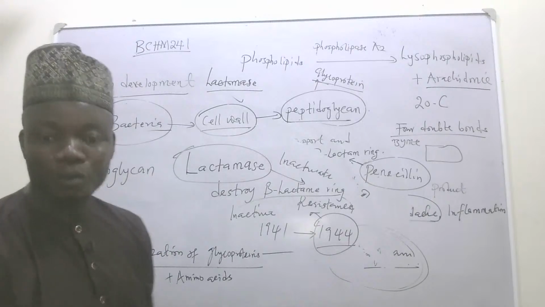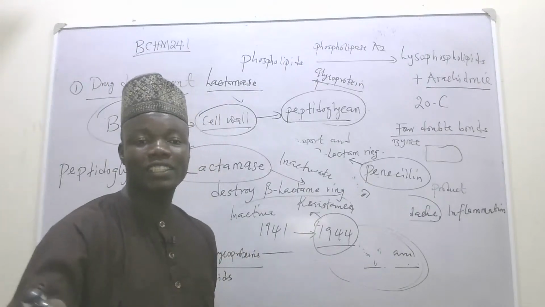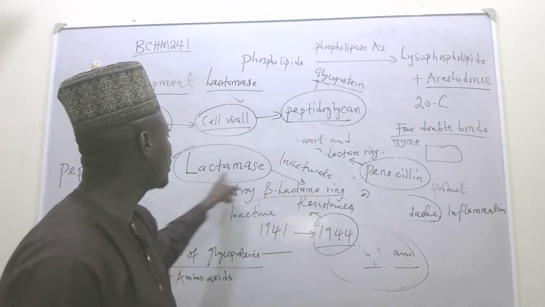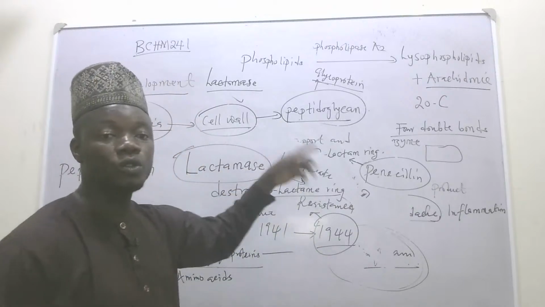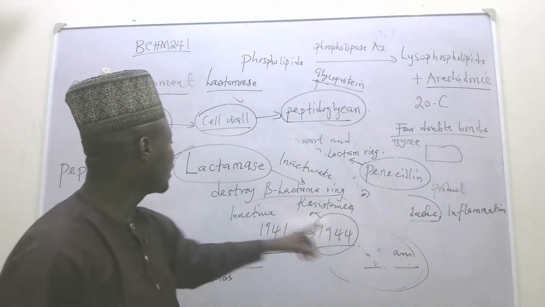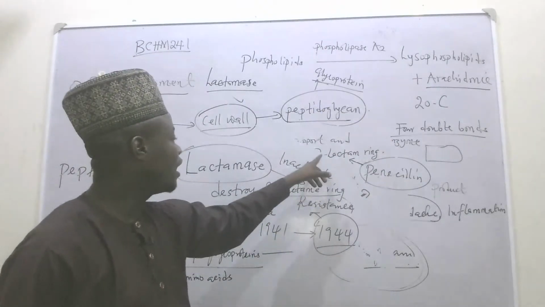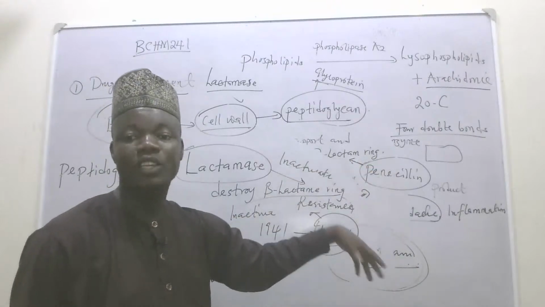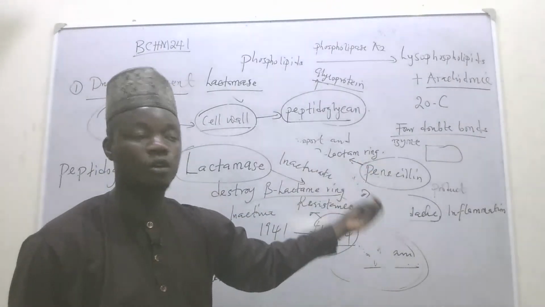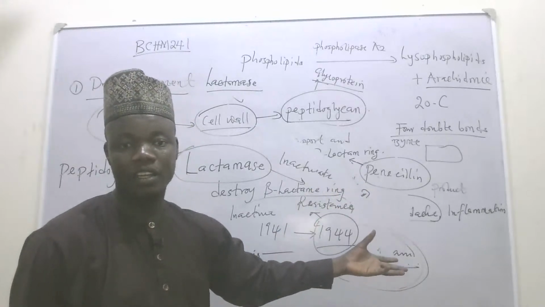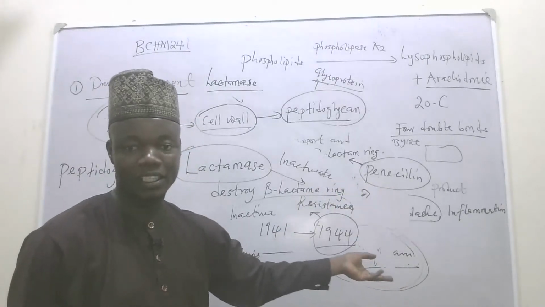Yes, that is why, as the microorganism develops beta-lactamase, you as a scientist will think of another way to develop another drug that doesn't have a beta-lactam ring, maybe another like ampicillin. That is why we have different varieties of penicillin. We have ampicillin. We have many others.